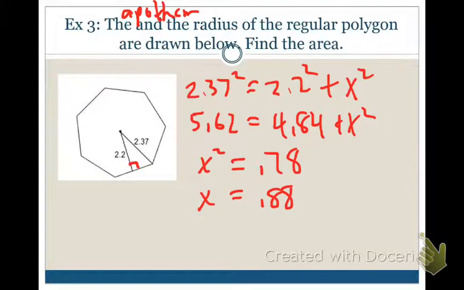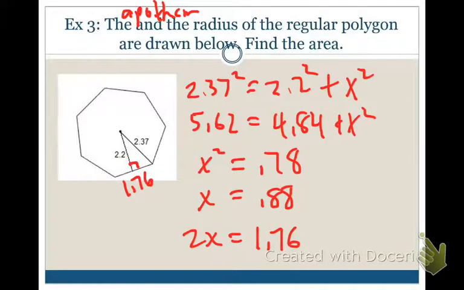Now you times that by 2. We've got to multiply that times 2. So 2x equals 1.76. So the side length is 1.76.